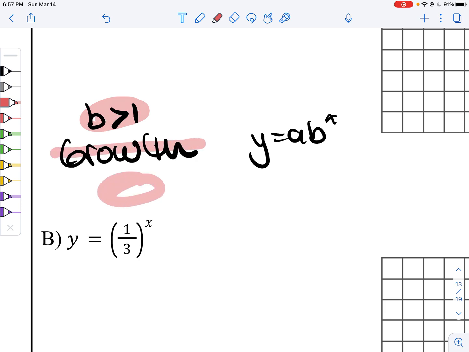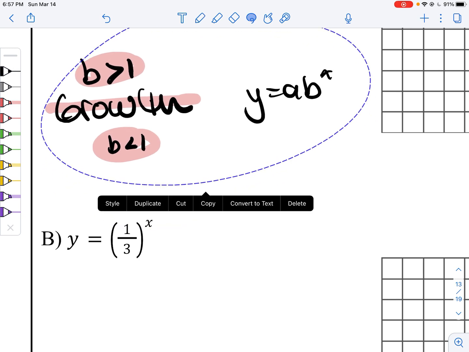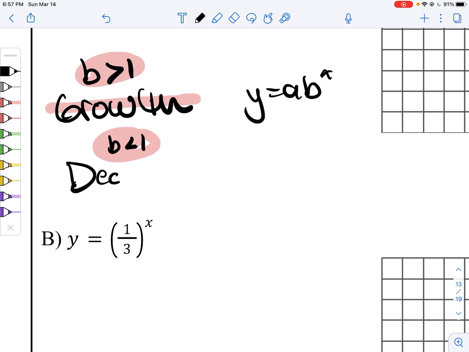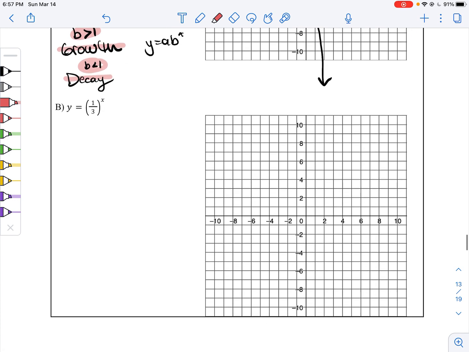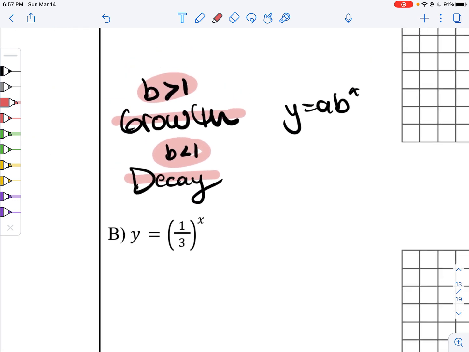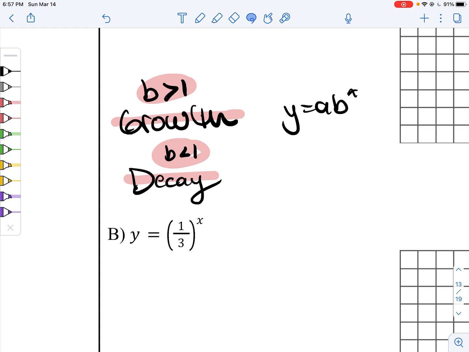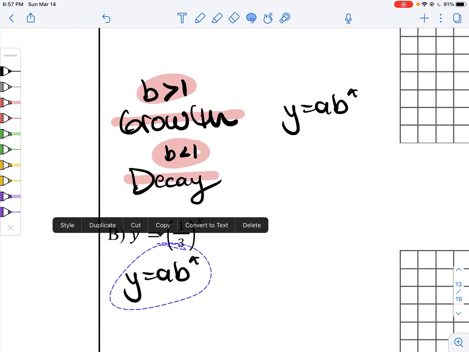But if b is less than 1, that's an example of decay. Ooh, we use this in chemistry a lot. Fun fact. Okay, if we have y equals 1/3 to the xth power, how does that fit into our y equals ab to the xth power?